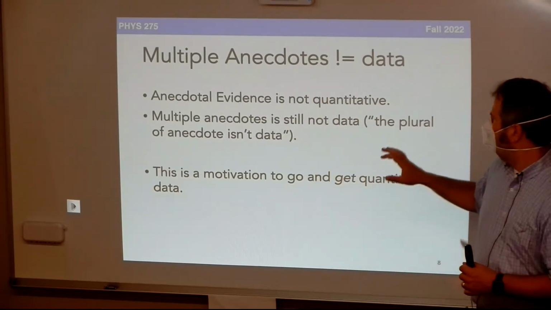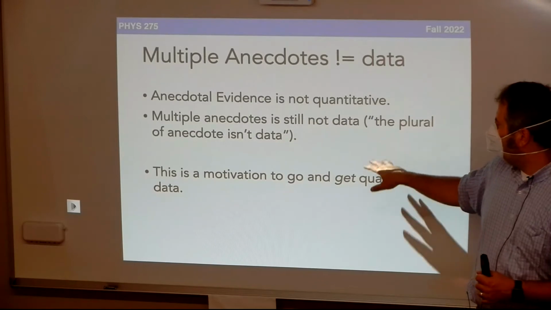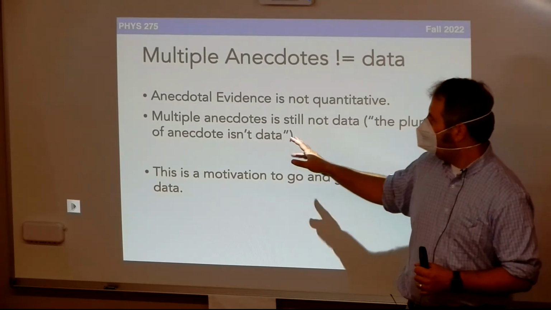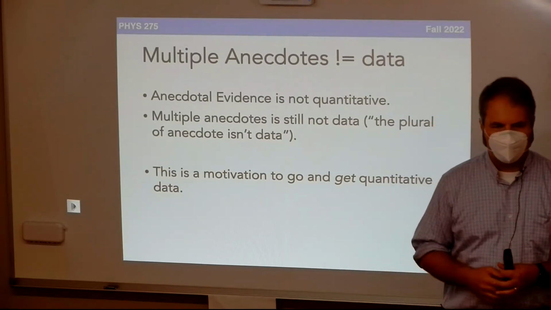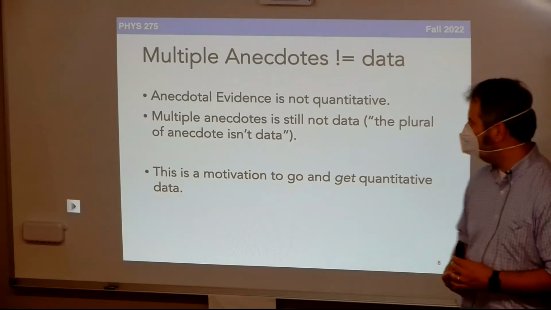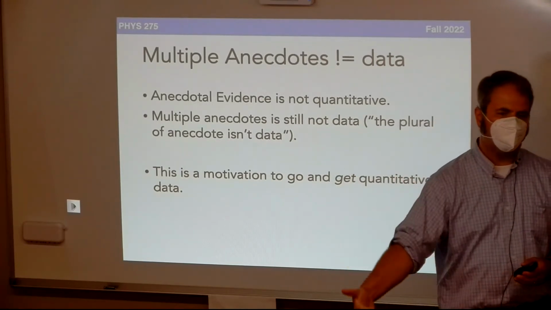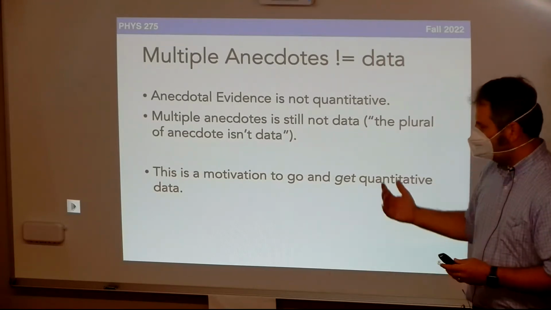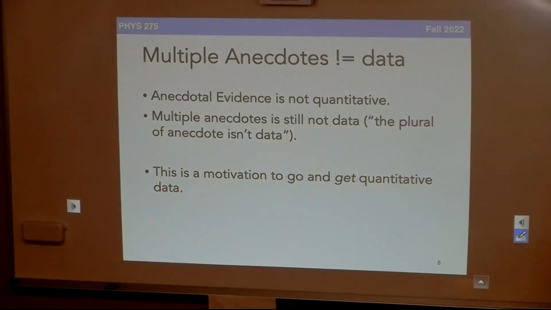The plural of anecdote isn't data is another way to say it. Anecdata is where you start going, a couple of times, is there something to it? It is a motivation to go look for quantitative data, not the end-all. A guy in the pub told me that this was not true is just not going to work against hopefully scientific results.